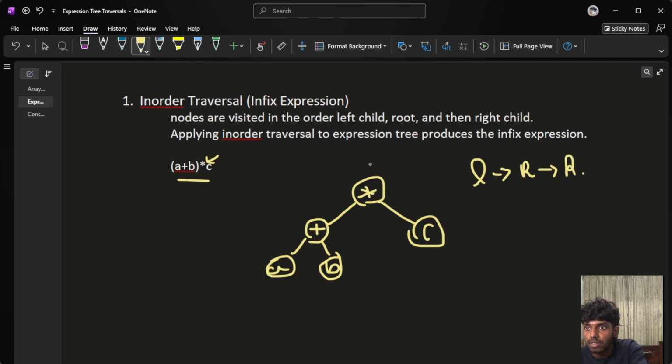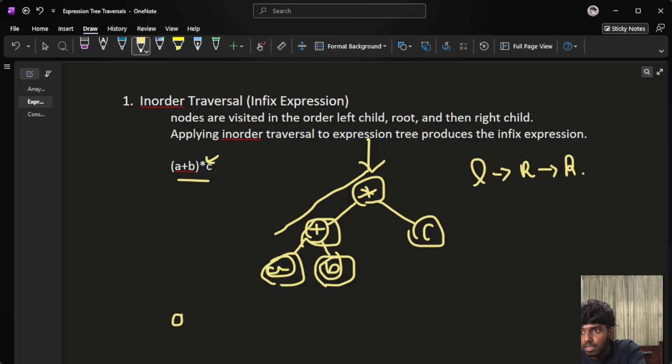So we begin here, this is the root, and then we go all the way to the left. So we got the A, and then we go to the root, and then we go to the right.